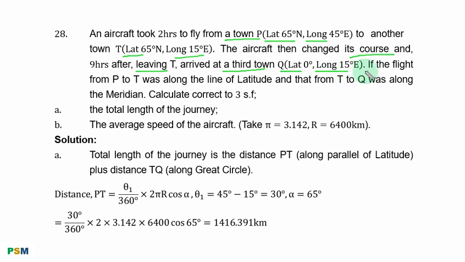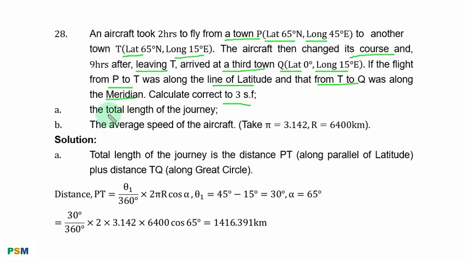If the flight from P to T was along the line of latitude, and that from T to Q was along the meridian, Great Circle, calculate correct to 3SF.